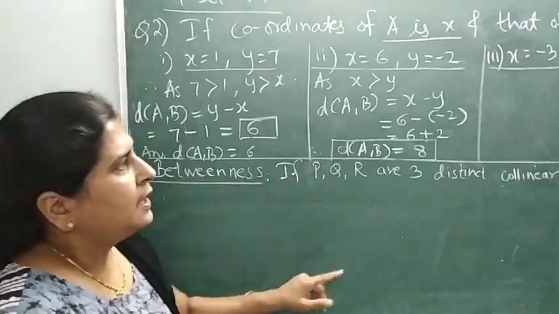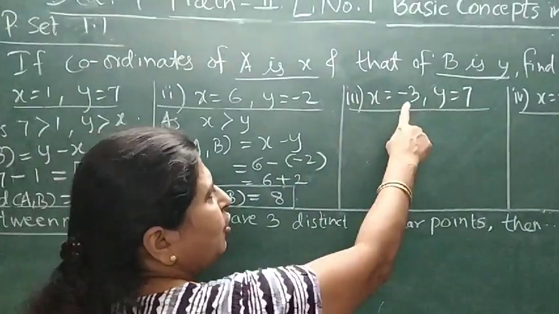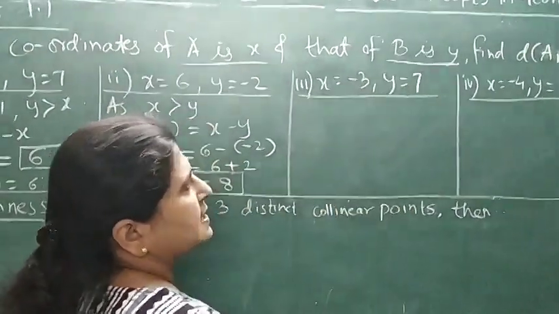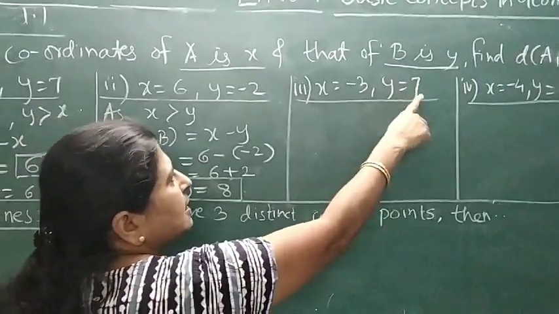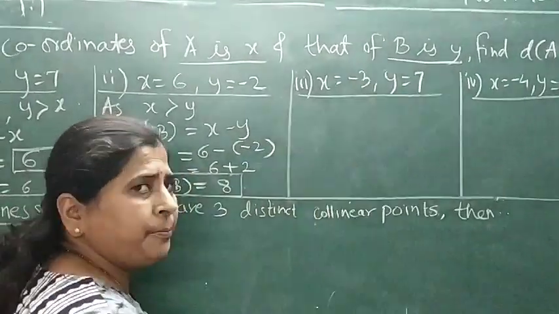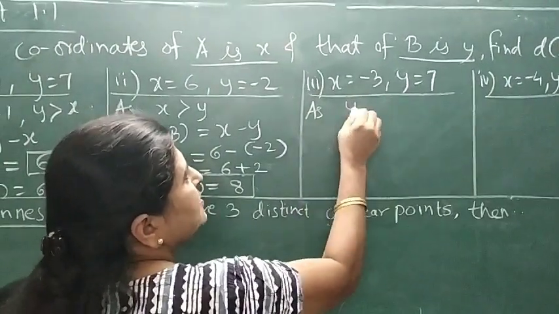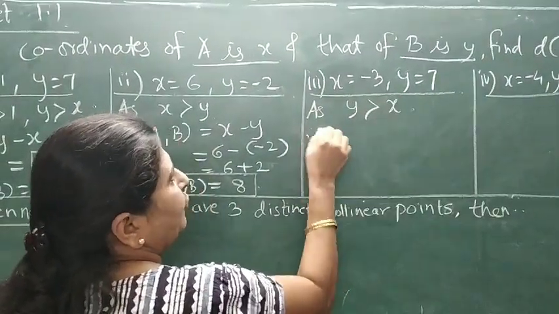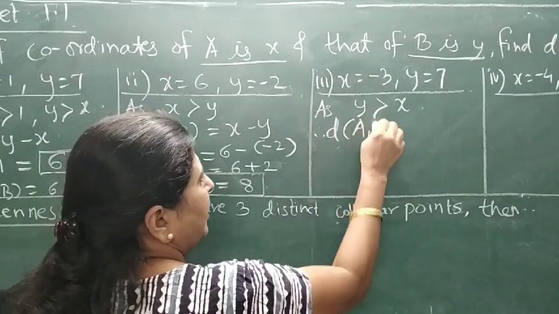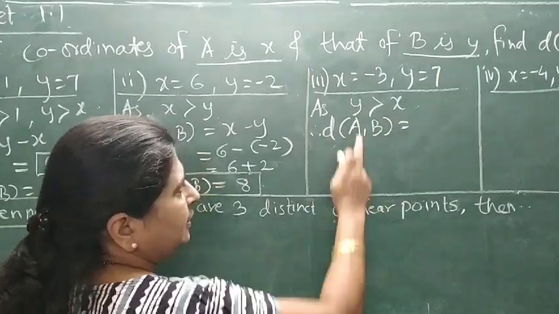Okay. Let's see the third example. Now the value of x is minus 3 and y is 7. One is negative, the other is positive. Again the positive is going to be bigger than the negative. So here we write y is bigger than x. Therefore the distance between A and B is equal to y minus x, since y is bigger.